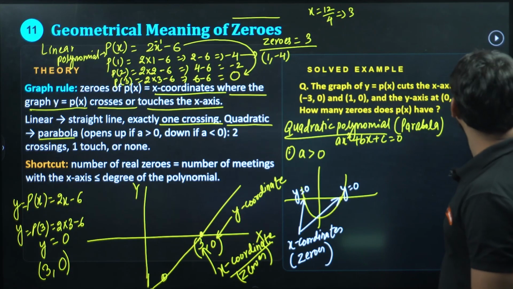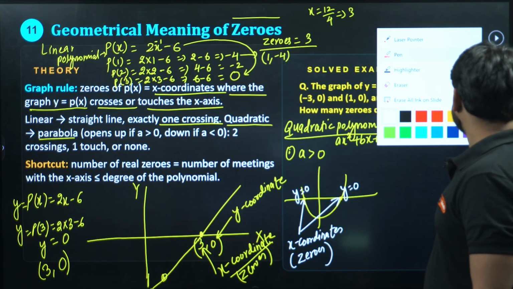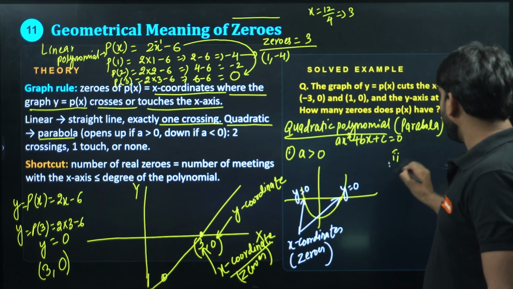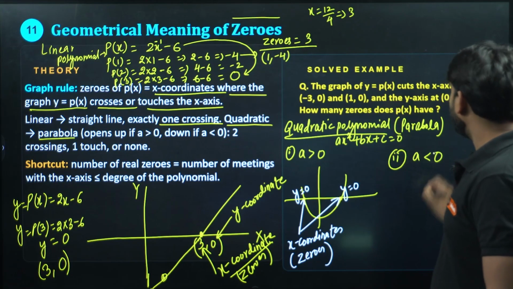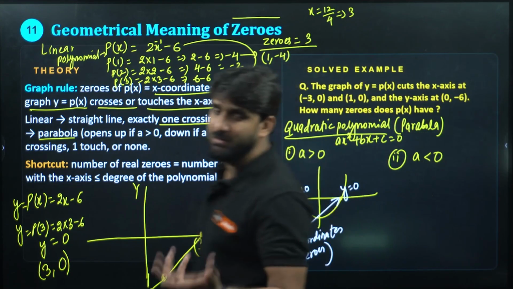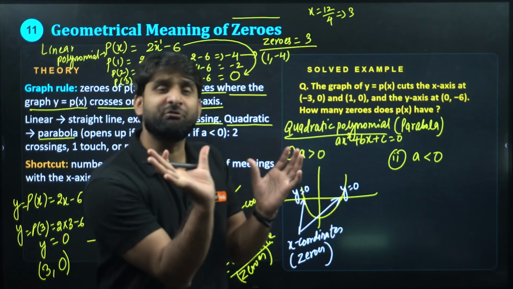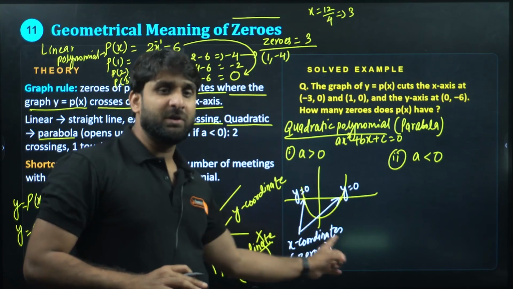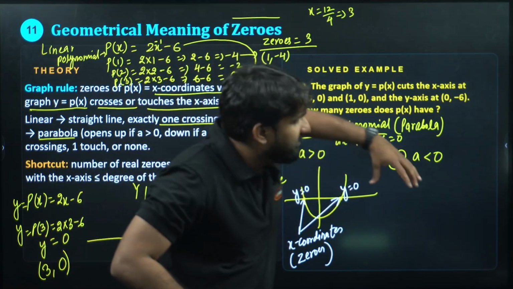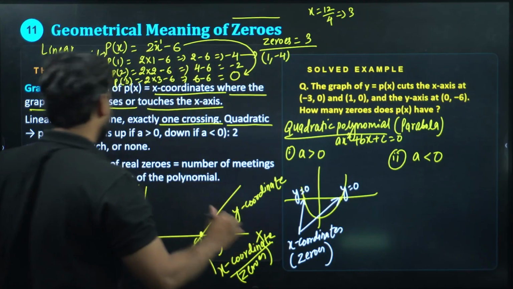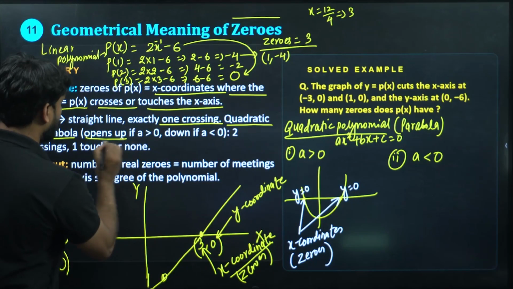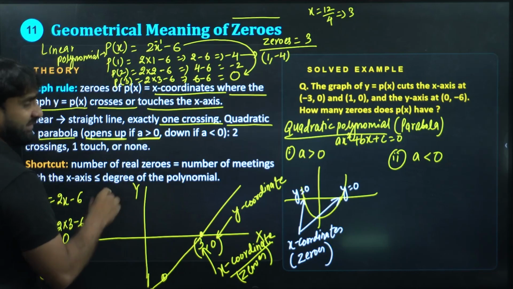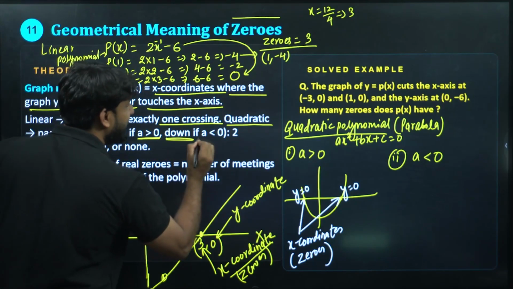Now if we talk about the second possibility, if a is less than 0, again there will be a parabola, but the orientation of the parabola will be reversed. Here the parabola was opening in the upward direction, now it will be opening in the downward direction. Listen here: it opens up if a is greater than 0, when a is positive, and opens down if a is less than 0.